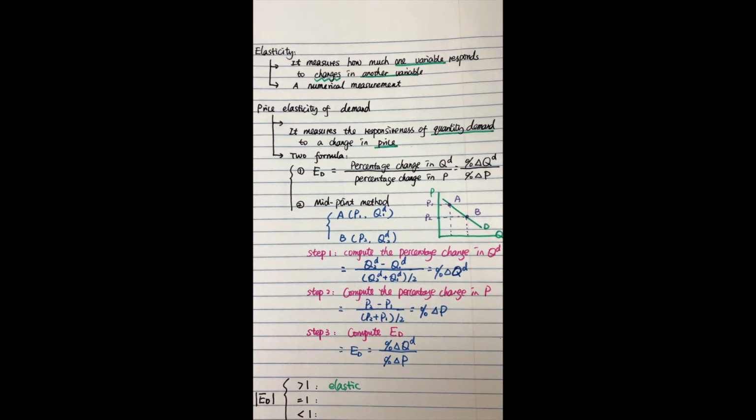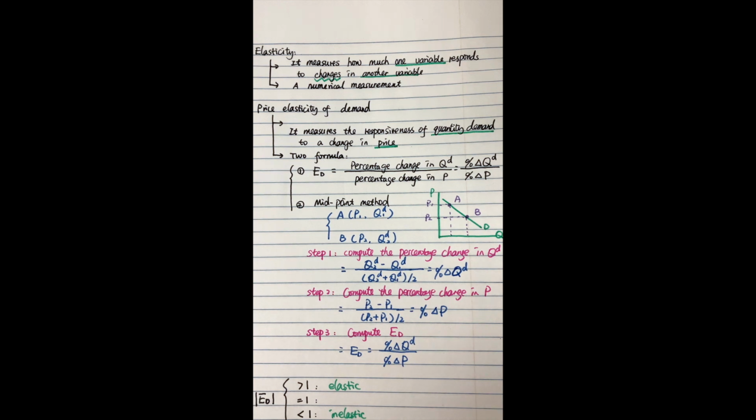Okay, and if now we have the price elasticity, the absolute value, less than 1, which means the price elasticity of demand is inelastic. So when it's inelastic, it means consumers are not sensitive to the price change. So we can have an example like gas.